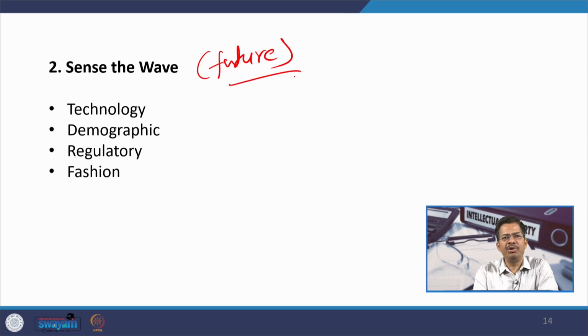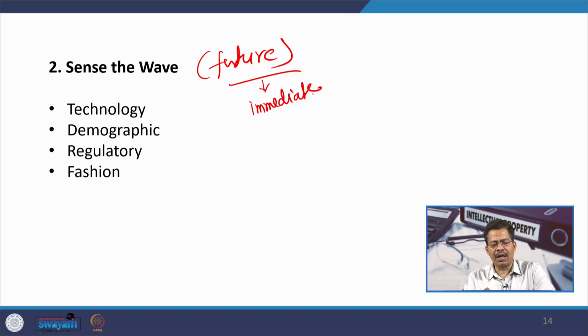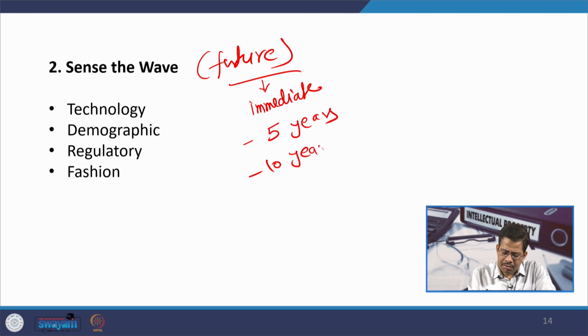How the future is going to unfold, what type of changes may happen in the future, and you can divide the future discussions into immediate, maybe these changes are happening in the next 1 or 2 years, maybe in 5 years, maybe in 10 years, and then so on.